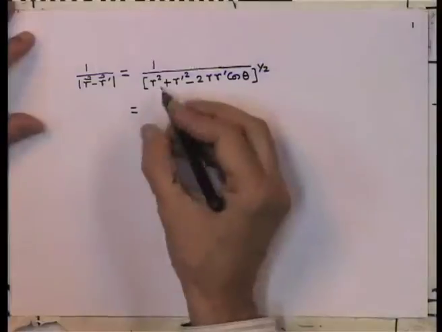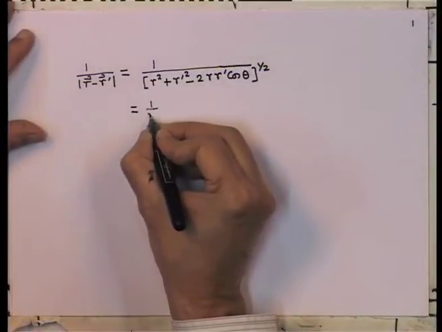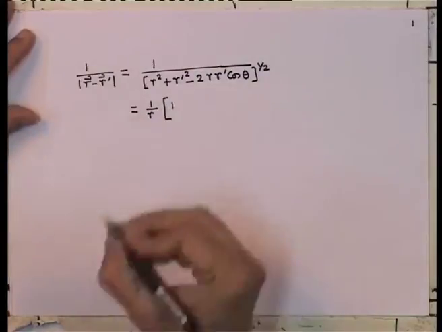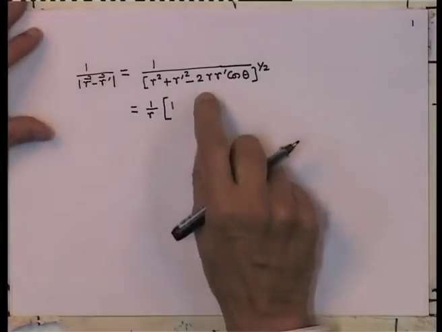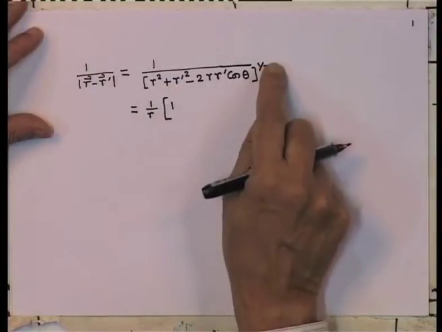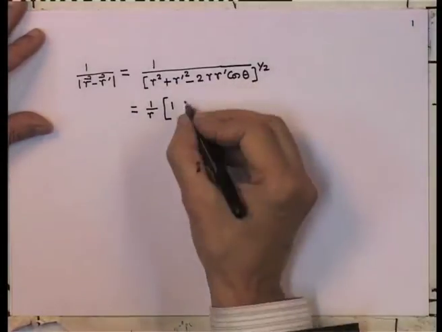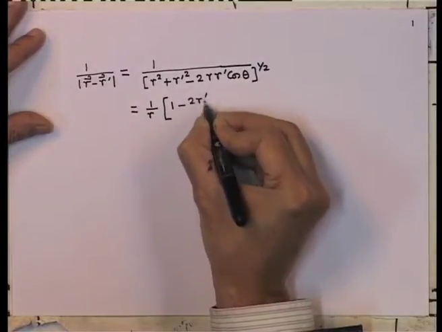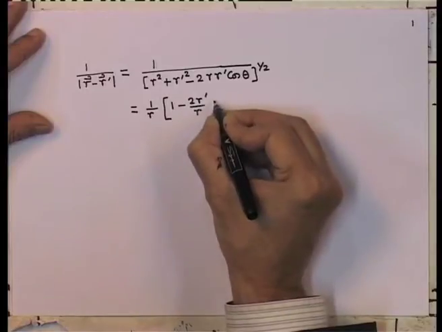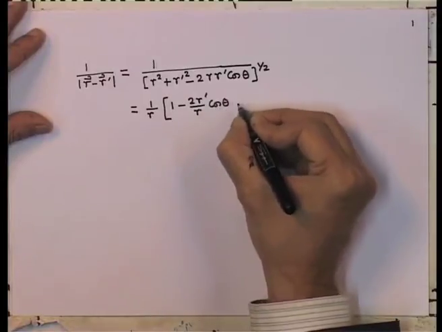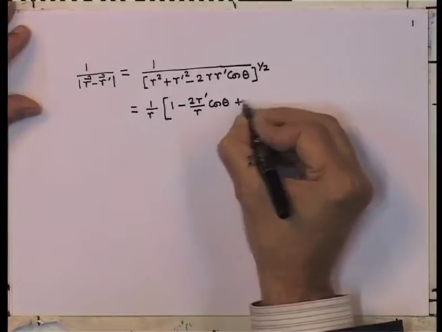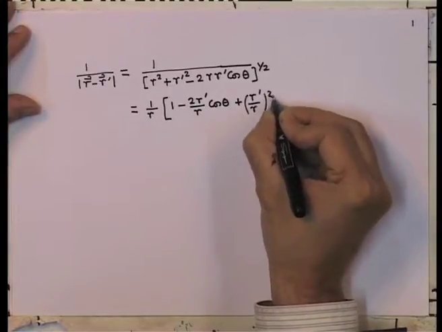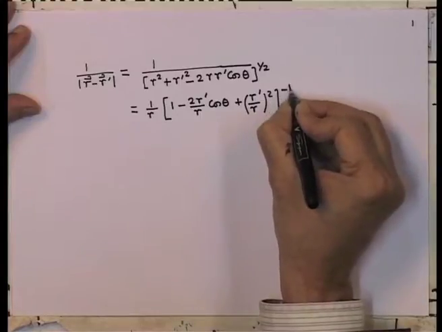So, what I can do is to take this 1 over r outside and write this as 1 minus 2 r prime by r cos theta plus r prime by r whole square, and all this raised to the power minus a half. Okay, what I need is to expand this in a binomial series.